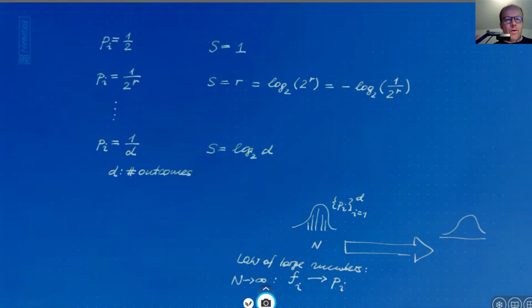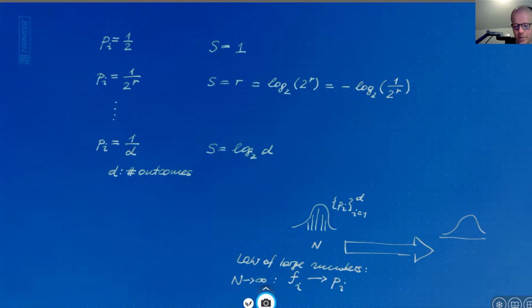So for very large n, we may assume that all sequences are typical. We also know that all the possible typical sequences are equally likely.